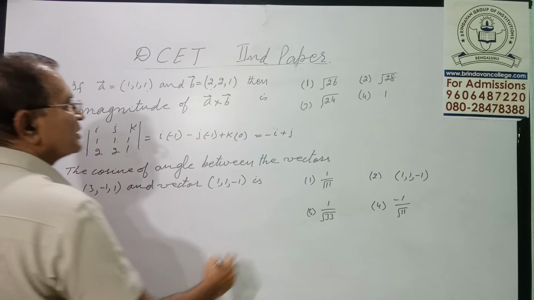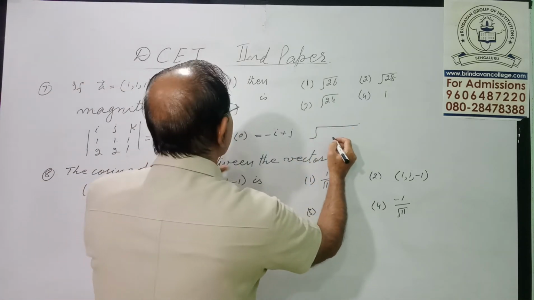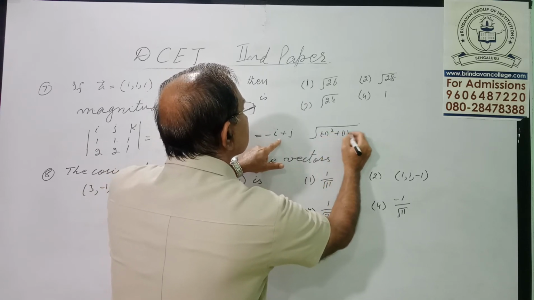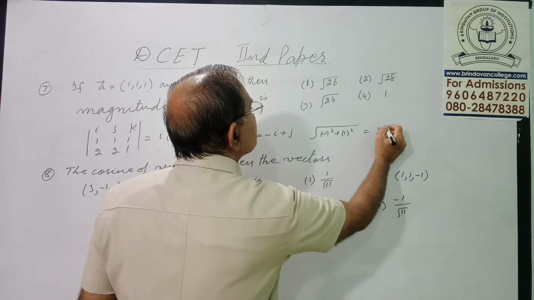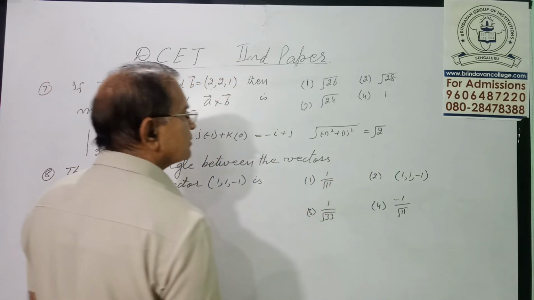Then we want to find the magnitude, square root of the sum of squares. Square root of minus 1 square is 1, 1 square is 1, that is square root of 2.